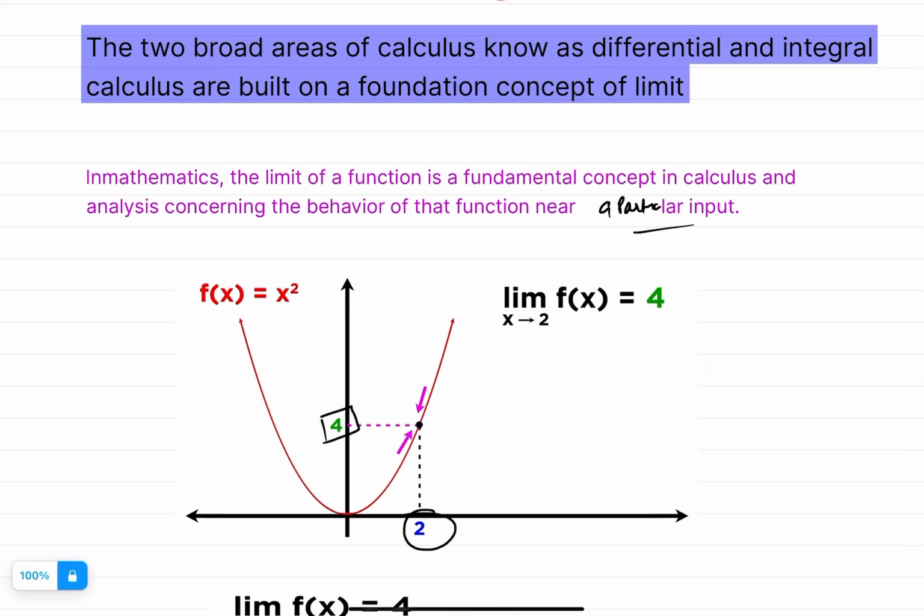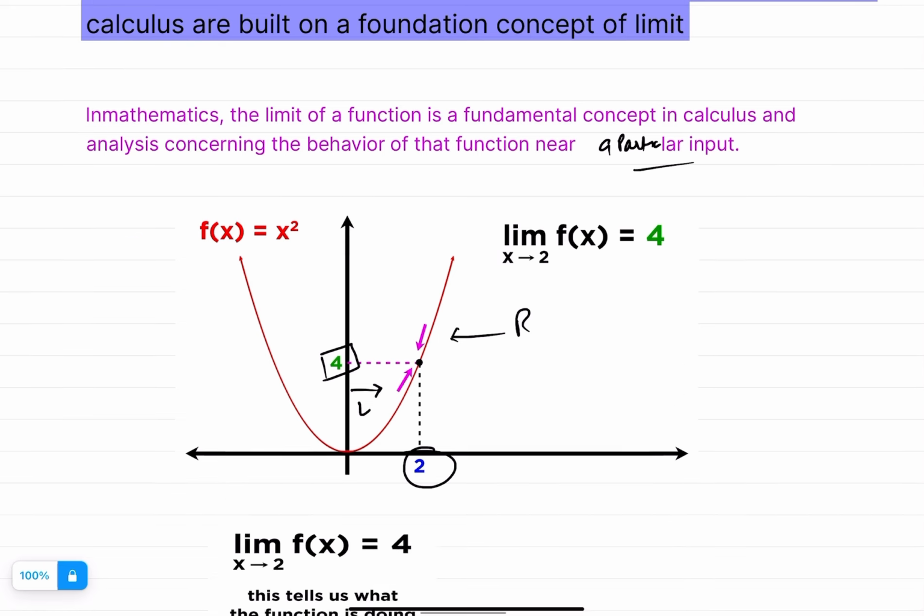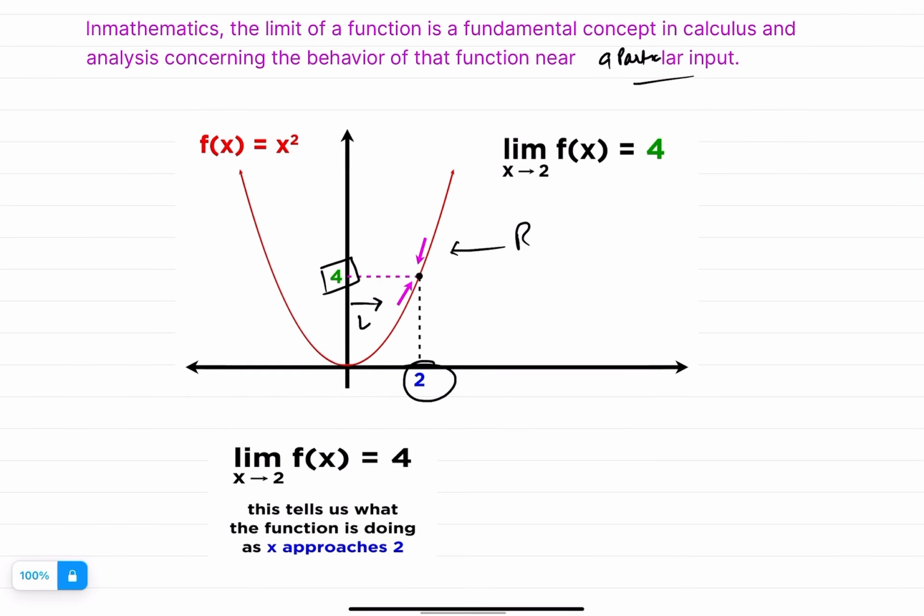Either you come from the right side or from the left side, the output that we get is equal to 4. So this tells us what the function is doing as we approach x equal to 2.